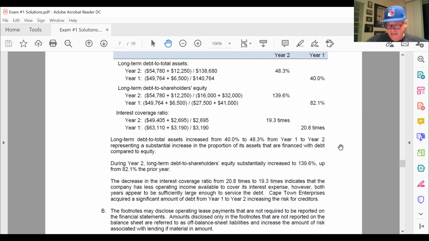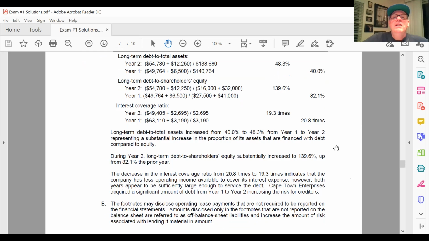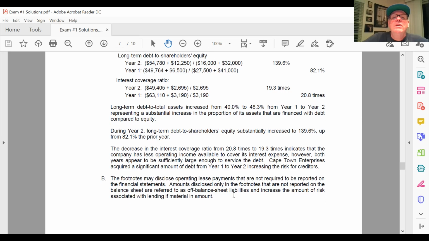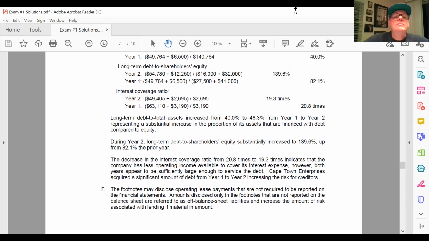So I would say that they still do have a nice cushion there. And here's a discussion of each of the ratios, and a little comment about the footnotes as well. All right, that was 7.